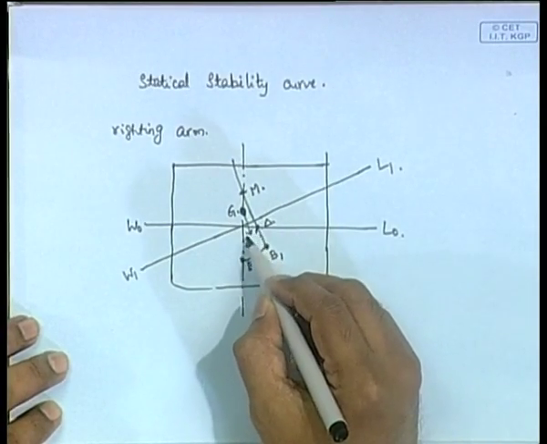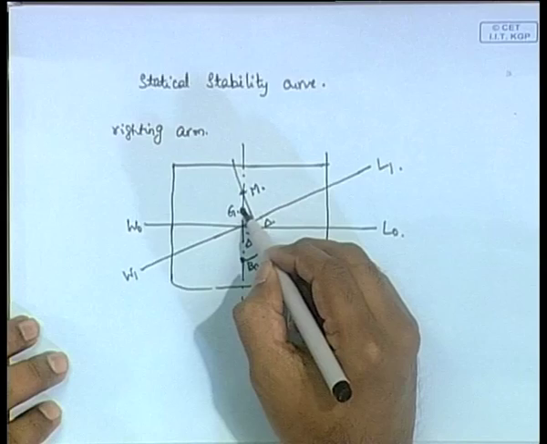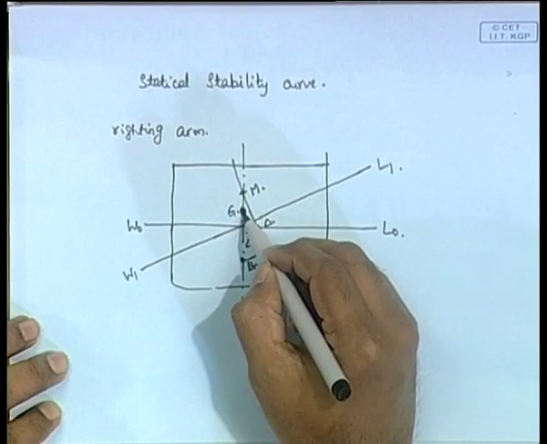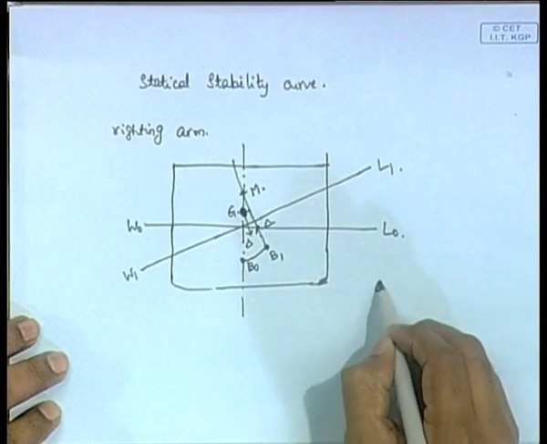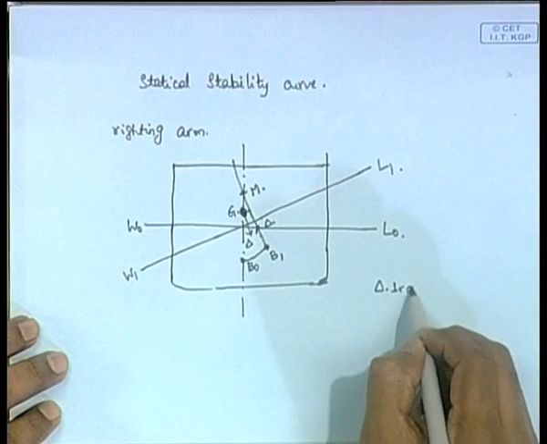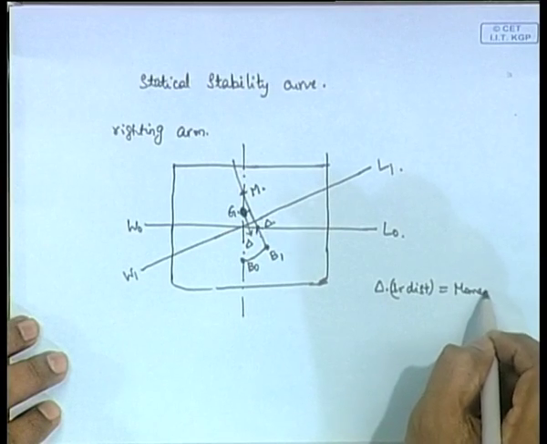Now, you can see there is a moment between these two. So, the perpendicular distance between this G and this line, multiplied by delta, will give you the moment acting.